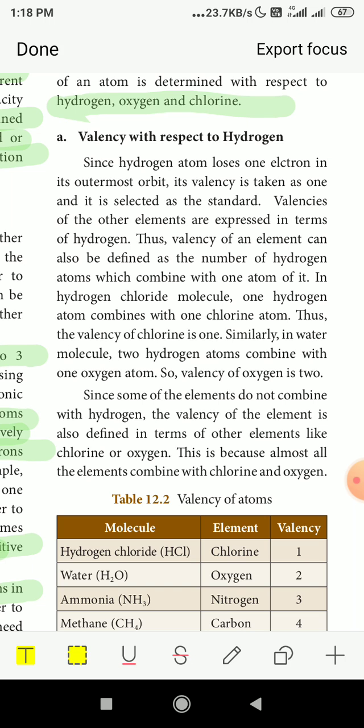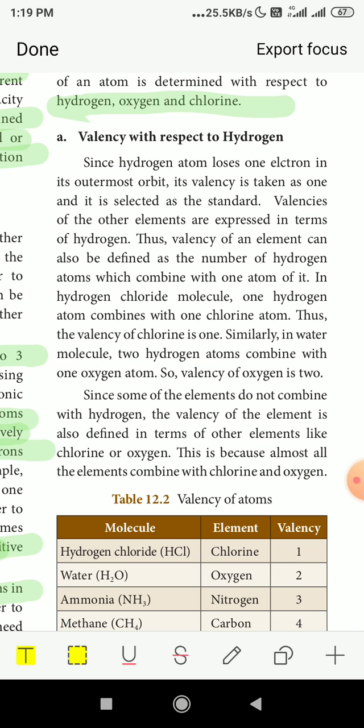Understood? H2O. One oxygen combines with 2 hydrogen atoms, so the valency of oxygen becomes 2. In HCl, hydrochloric acid, chlorine combines with 1 hydrogen atom, so the valency of chlorine becomes 1. Understood?